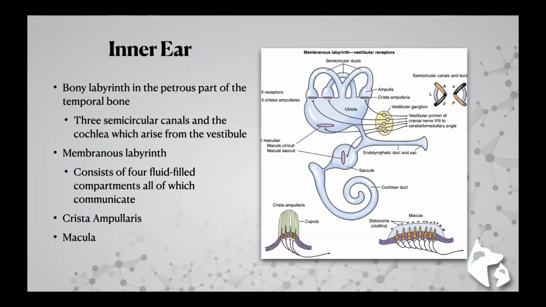So the macula is fairly the same as the crista in that it has hair cells, the same types of hairs. It's still in synaptic relationship with the dendritic zone of the vestibulocochlear nerve, but its makeup is slightly different. It's got more of a gel-like substance sitting on top of the hair cells.